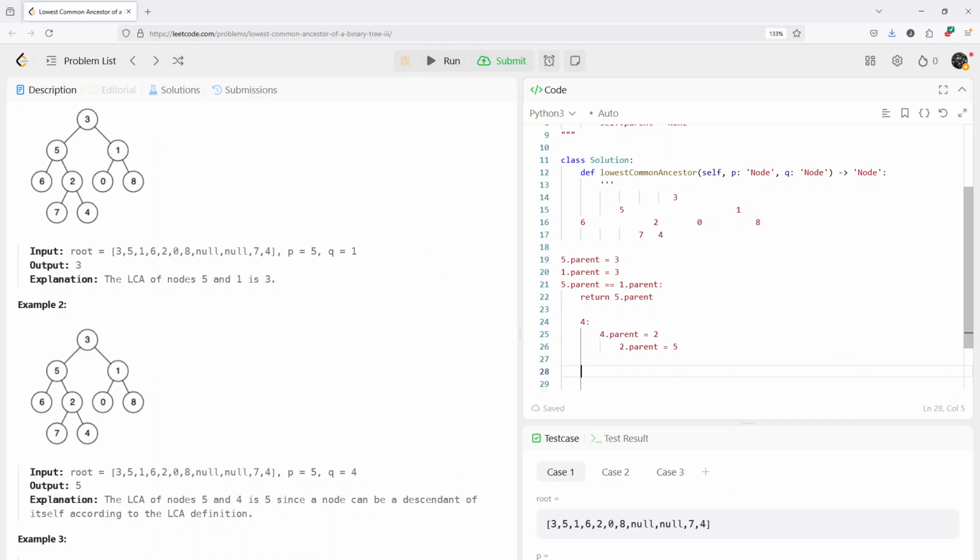So here, Q is the 4. So 4 dot parent equals 2. So then you basically say Q equals Q dot parent.